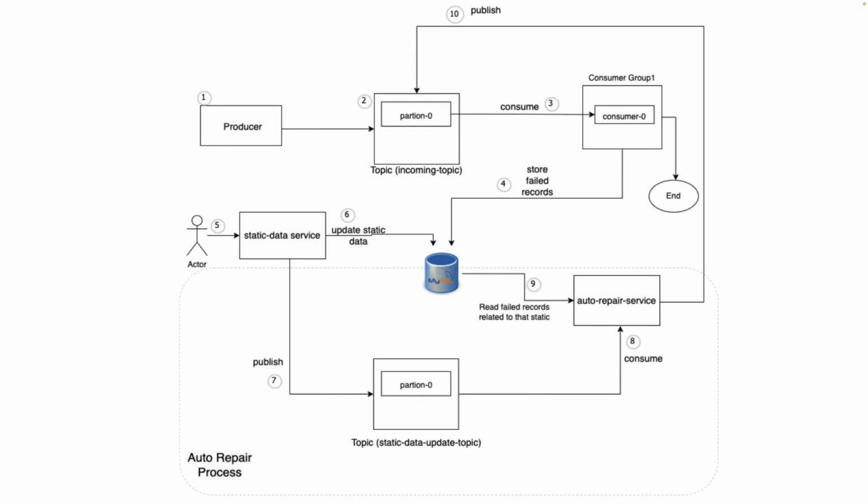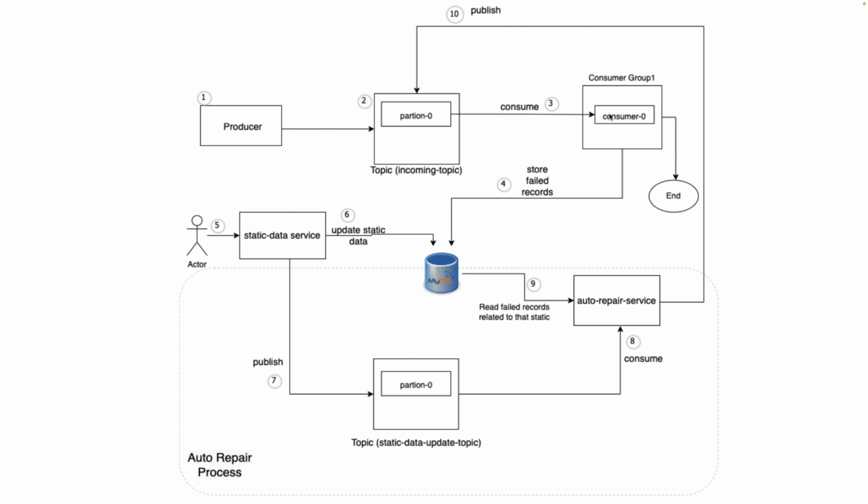This is what we already discussed. We are going to have a producer which will produce to the main topic, and one consumer consuming that particular event from the topic. This consumer is going to do the validation, and in case of validation failure, we are going to store that failed message into the database.